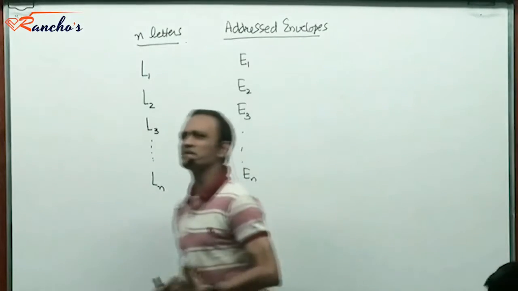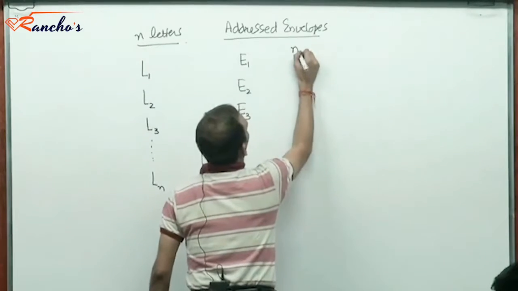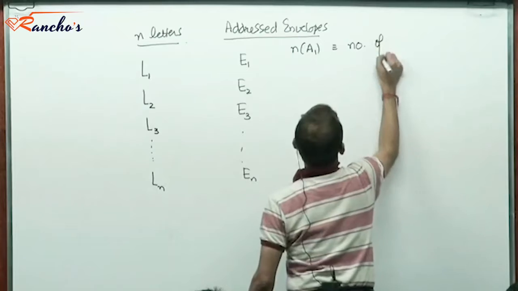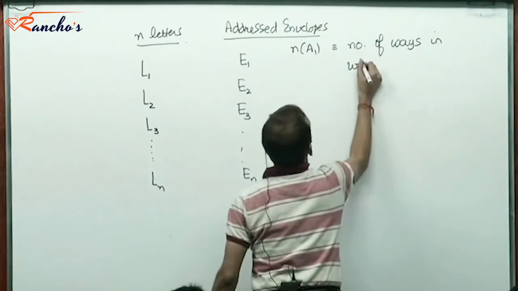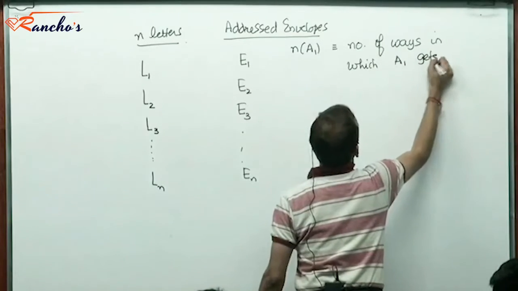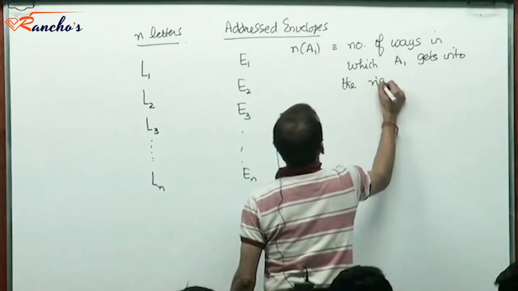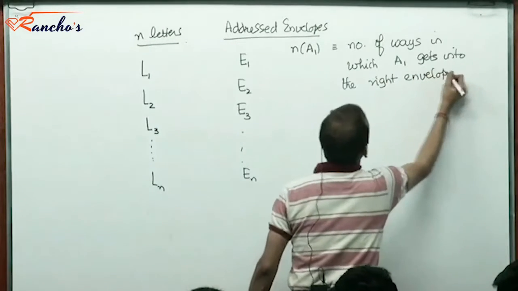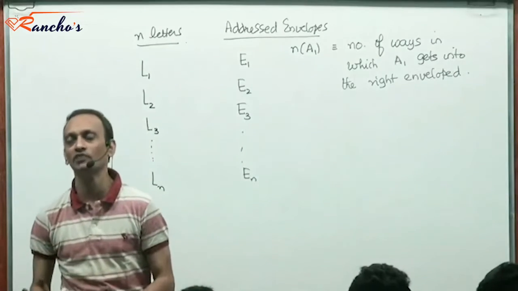Let's say now some symbolism that I deploy. NA1 is the number of ways in which A1 gets into the right envelope. Now, when I say A1 gets into the right envelope, doesn't mean that others can't get into the right envelope. It simply means that A1 has gotten into the right envelope.